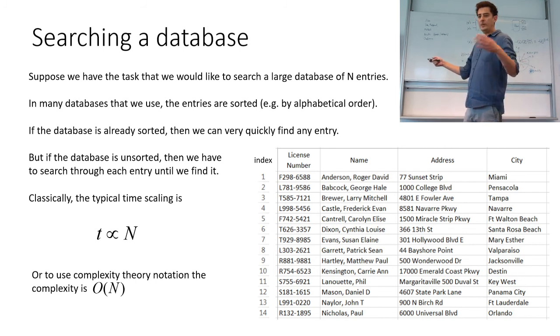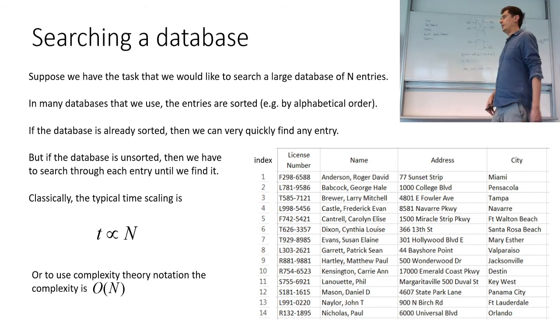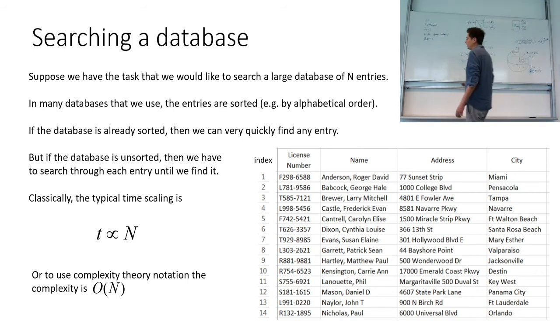Whatever your clock speed of your computer is, you might have to multiply by that to get the real time, but fundamentally the number of steps this algorithm has to take is always proportional to n. So you say that the complexity of this algorithm is O(n).